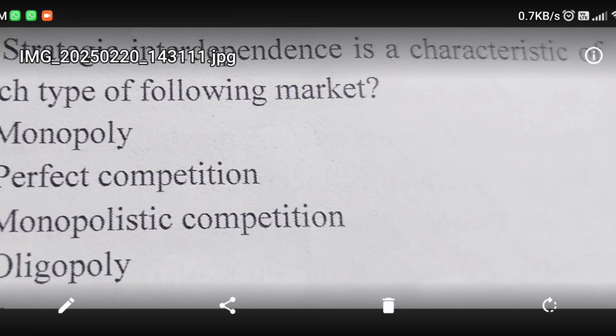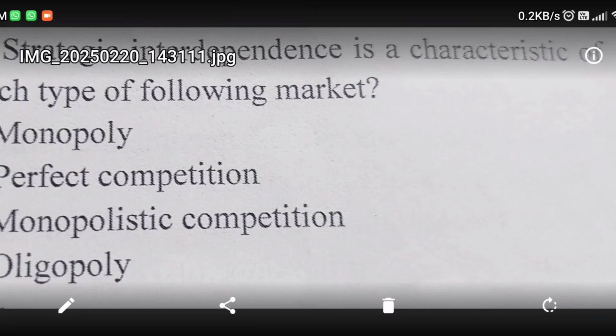Strategic interdependence is a characteristic feature of which type of following market? Oligopoly. In an oligopoly market structure, a small number of firms dominate the market, with few competitors and significant market share.